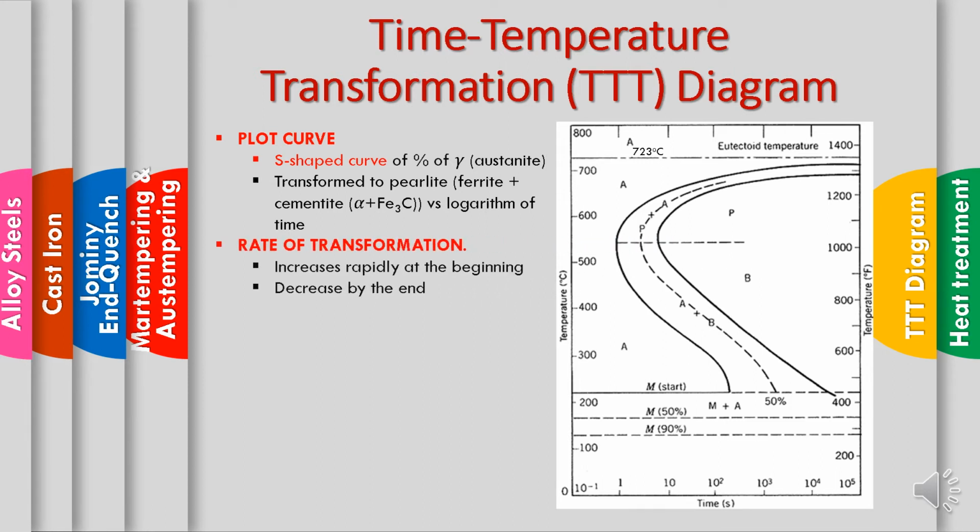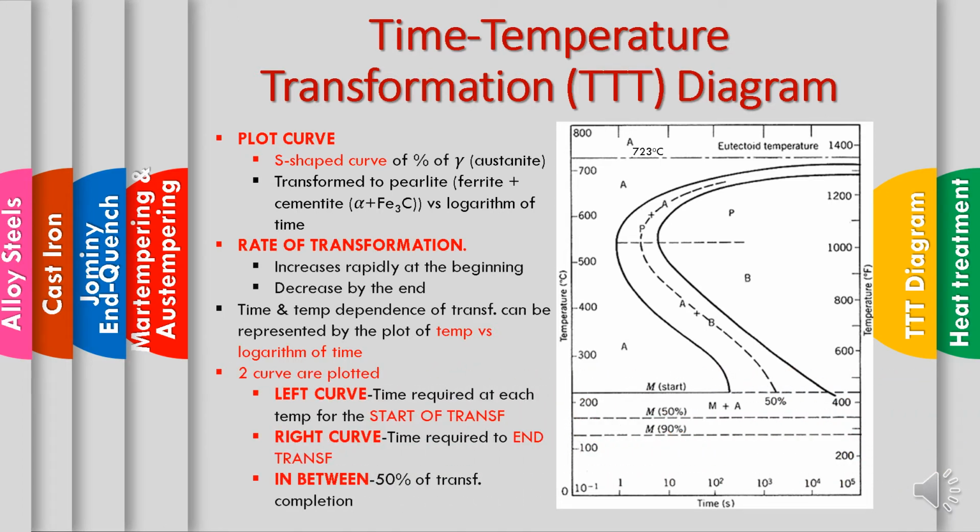We can get the information of rate of transformation. You can see it increases rapidly at the beginning and decreases by the end, so the time and temperature dependence of transformation can be represented by the plot of temperature versus logarithm of time.